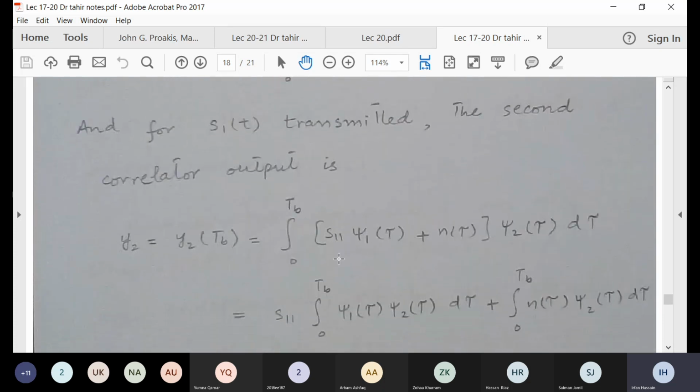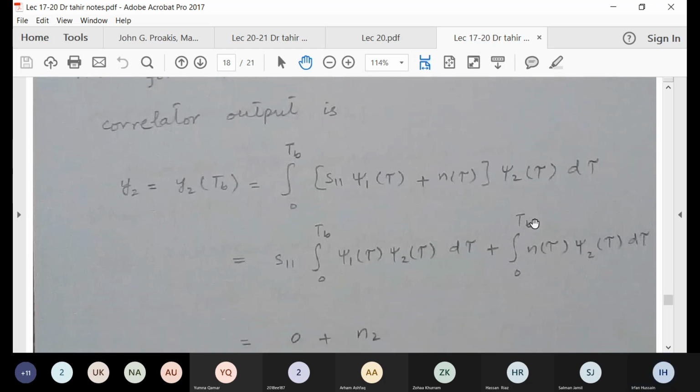Similarly, the output of the second correlator, assuming S1 was sent, is the signal for S1 plus noise, into psi 2. Psi 1 and psi 2 are orthonormal, so they are orthogonal, and this will be 0, and you will just have n2.